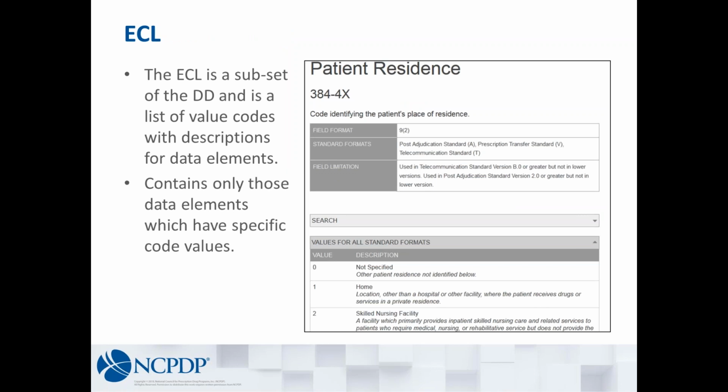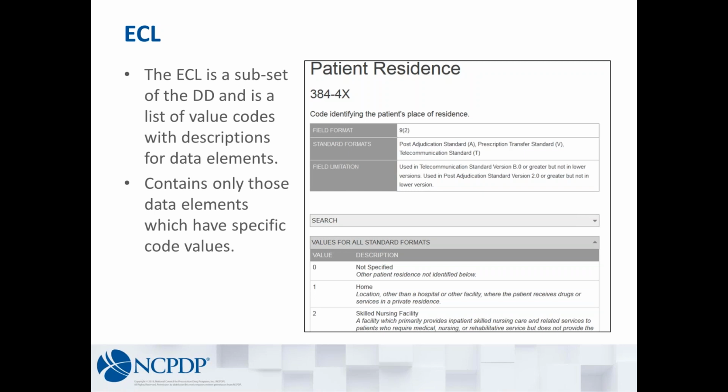For the ECL, this is basically a subset of the data dictionary, and it contains the list of codified code values for those data elements which have that code list. Again, by the screenshot, you can see some of the type of information you might find in the ECL.